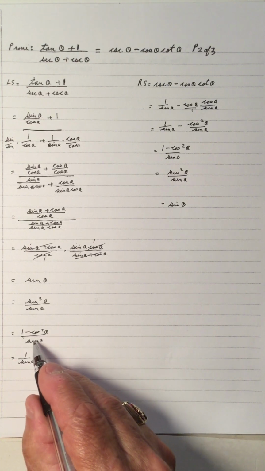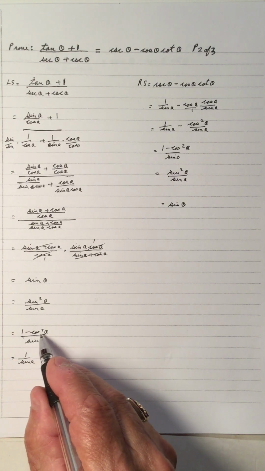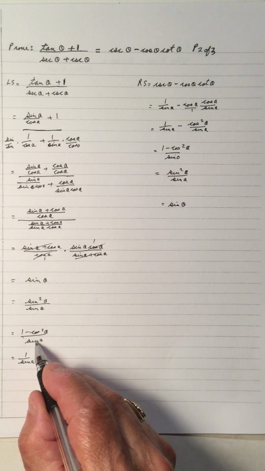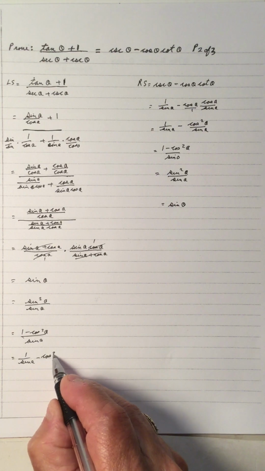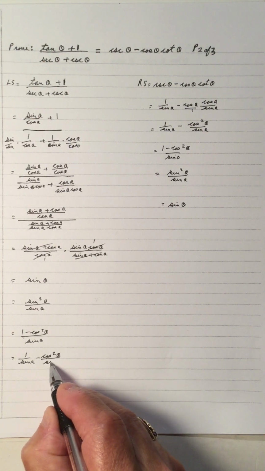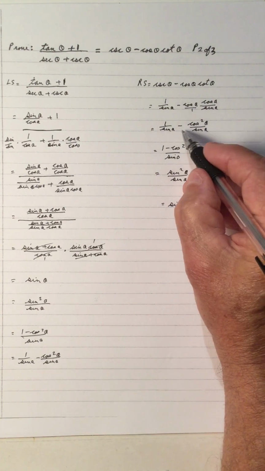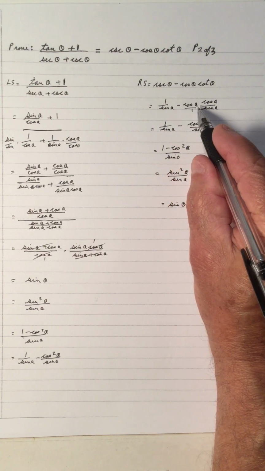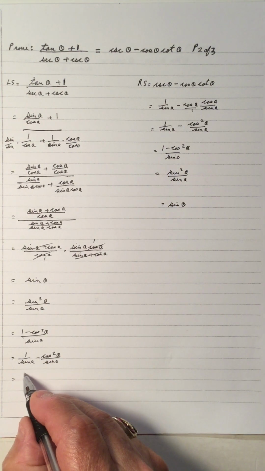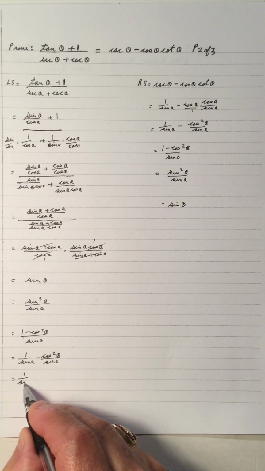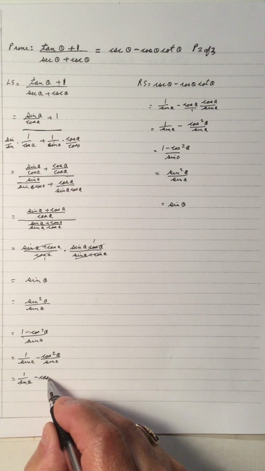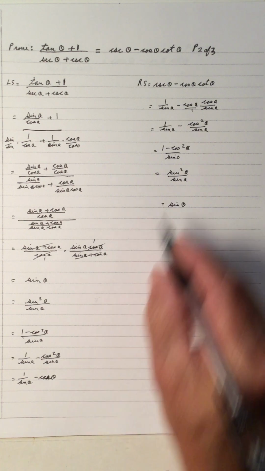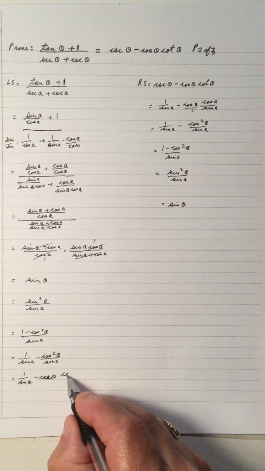Notice in working backwards, 1 minus cos squared divided by sine, you can take sine and divide into both of these. So that's that step there. Then when this step comes in, all right, another step here now.